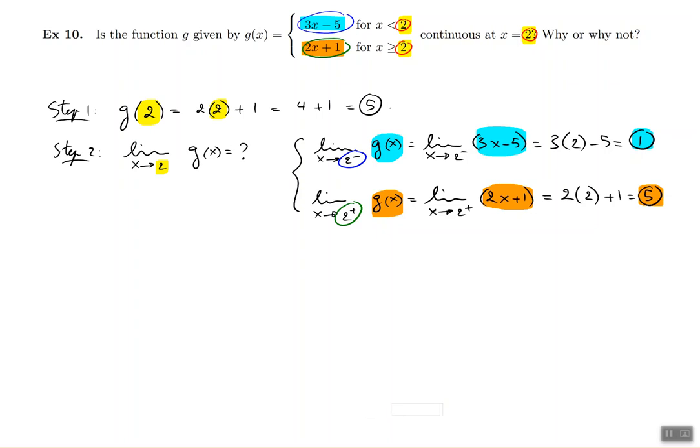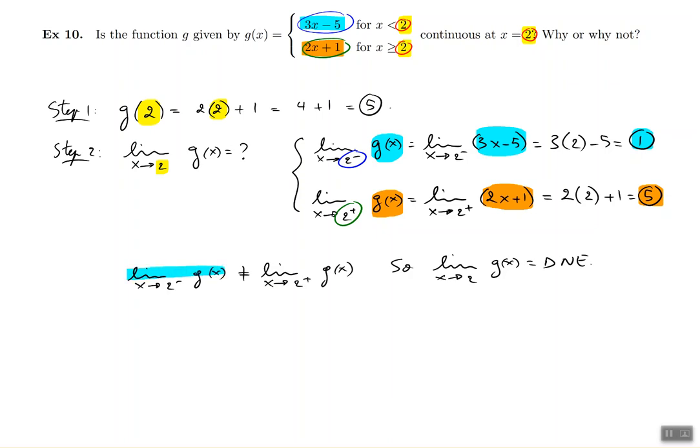As you probably already noticed, the limits are not equal. One of them is a 1, one of them is a 5. So since the first one was a 1 and the second one was a 5, that means the limit in general will not exist. If you come from the left and if you come from the right, you do not get the same answer. So that's why the limit as x approaches 2 does not exist.